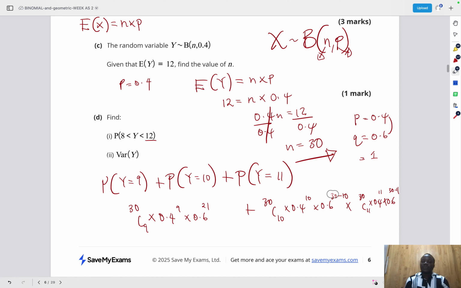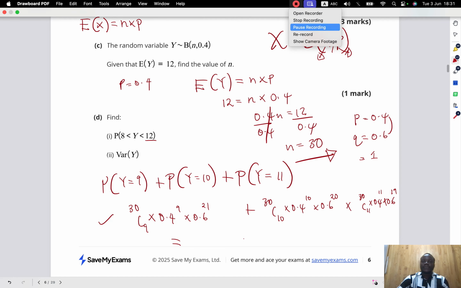Then this is 0.6 to the power of 20. I'm hoping you now know where I'm getting these numbers. Then this is 0.6 to the power of 19. So I'll just punch these on the calculator and give you the answer. You should be able to work it out.